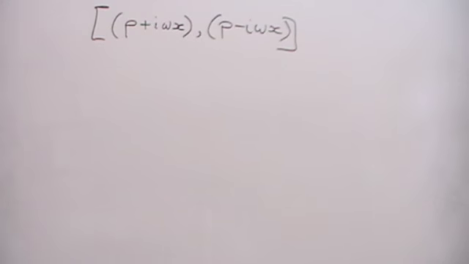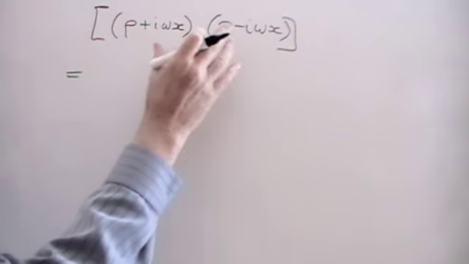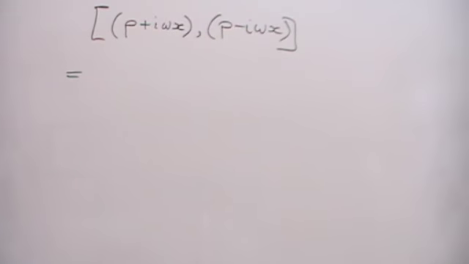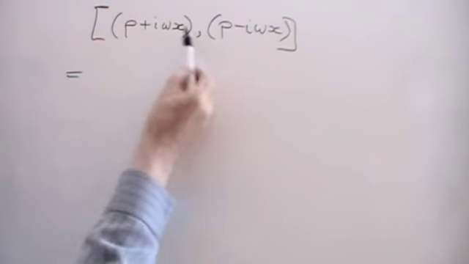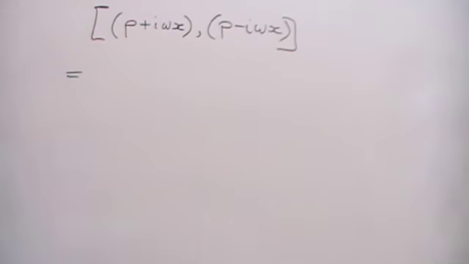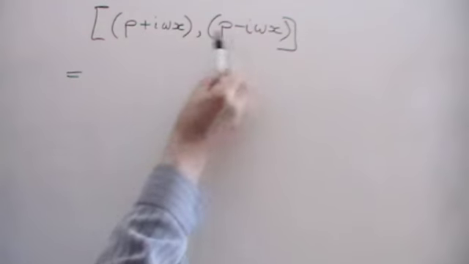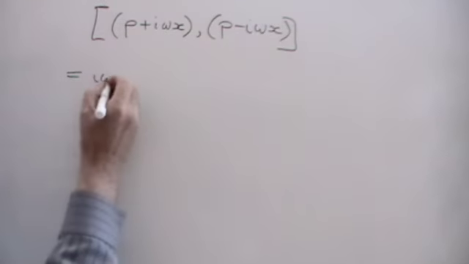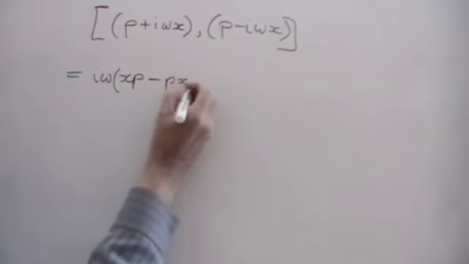And you'll see that most terms will just fall away, because you're going to get a p squared minus a p squared, so that goes. You're going to get this squared minus this squared again, and that will go. And the only thing that's going to be left is the cross terms. Remember you've got to multiply this by this, so it's going to be i omega xp minus px.